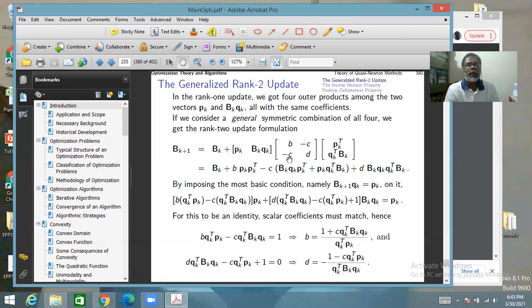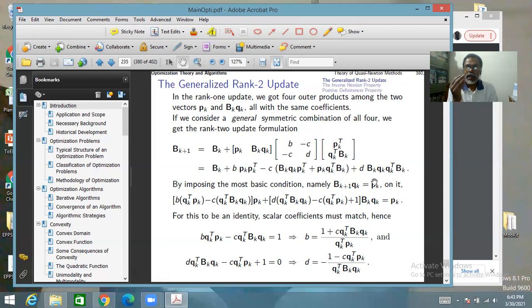And that you expect, because in rank 1 correction, there was one free parameter which got spent completely in fixing the first necessary primary condition.